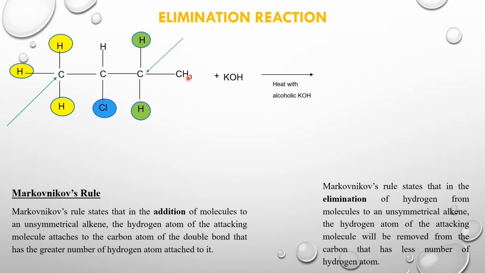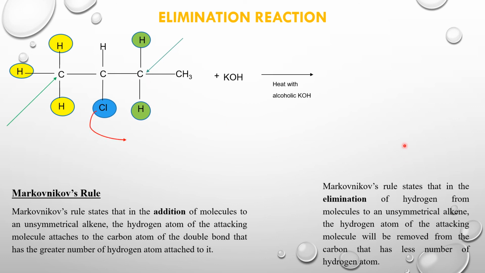So, very short and simple: the rich carbon will get richer when it is added, and the poor carbon will get poorer when elimination happens. So now we have carbon A and carbon B here. Which carbon do you think is going to lose the hydrogen? It is the second carbon, this one here. This carbon is going to lose the hydrogen because it has fewer hydrogen atoms.